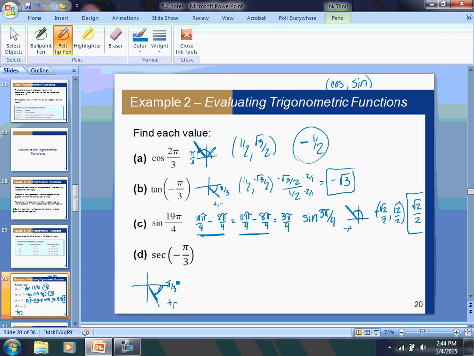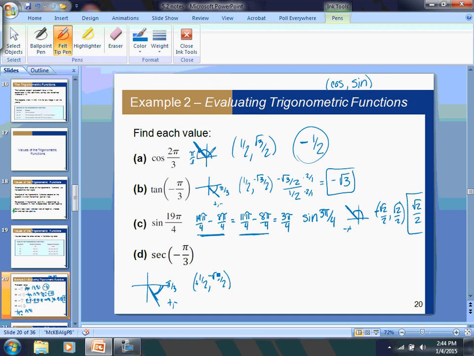It's just going to have different signs. Okay, so pi over 3 is going to be 1/2 and then square root 3 over 2. But if I'm in my fourth quadrant, the first one's going to be positive, the second one's going to be negative for my x's and my y's.